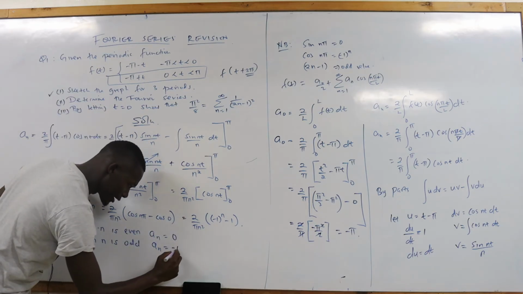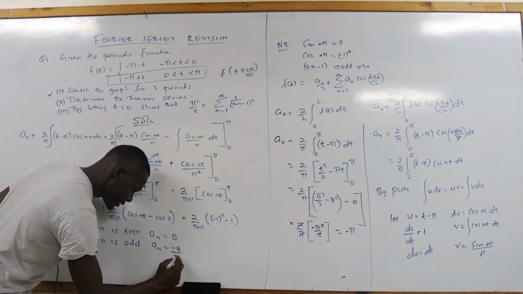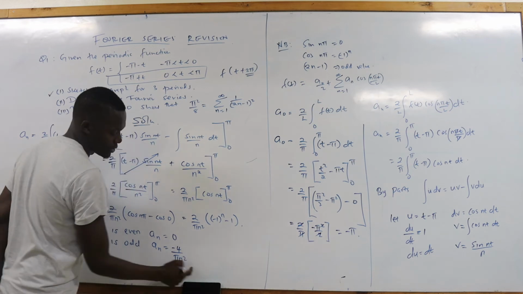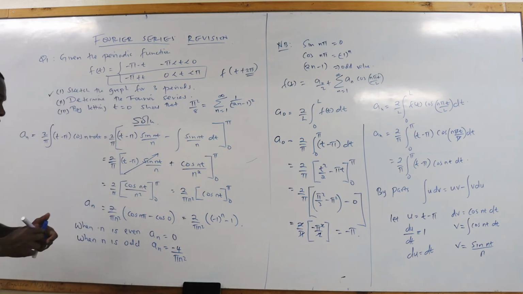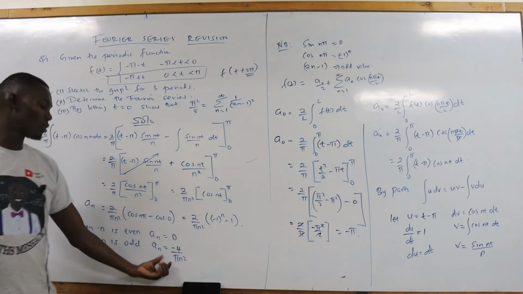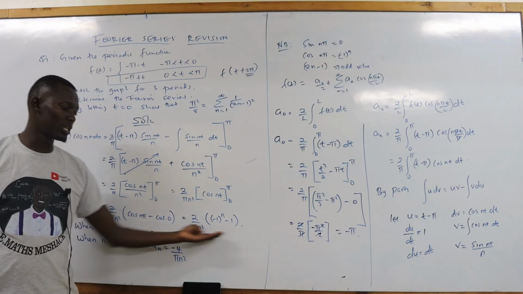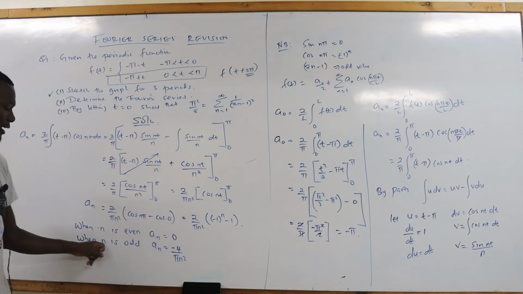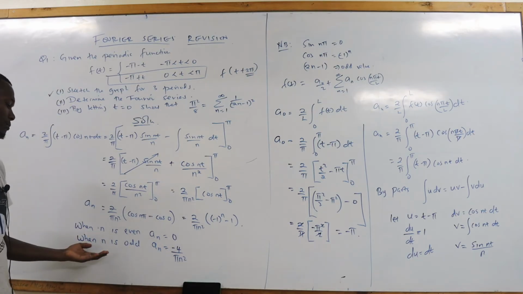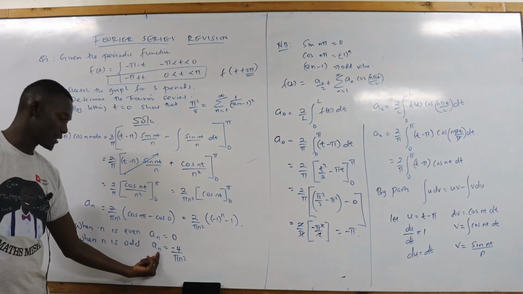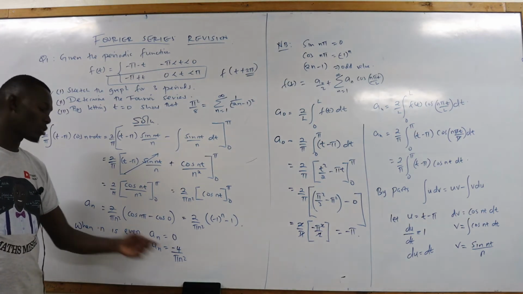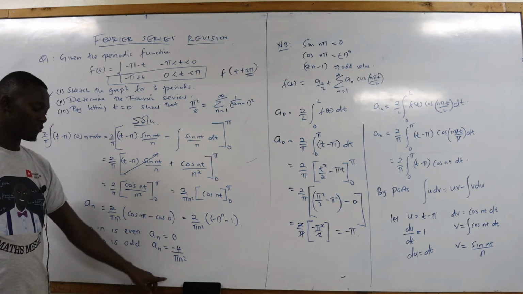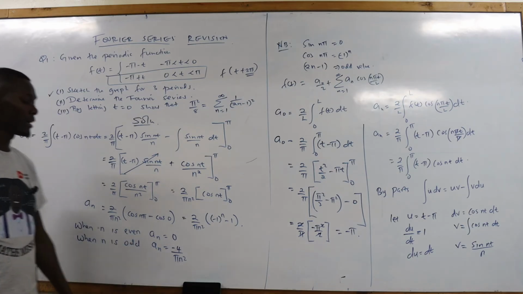So we'll have -4 over pi n squared. This was general; now we narrow it down to know that n will only give us values of an that are odd values. So it is -4 over pi n squared.